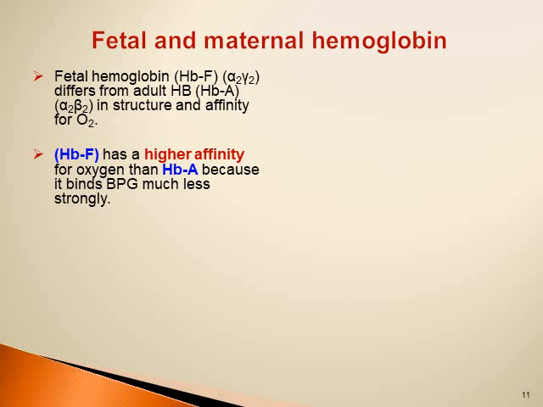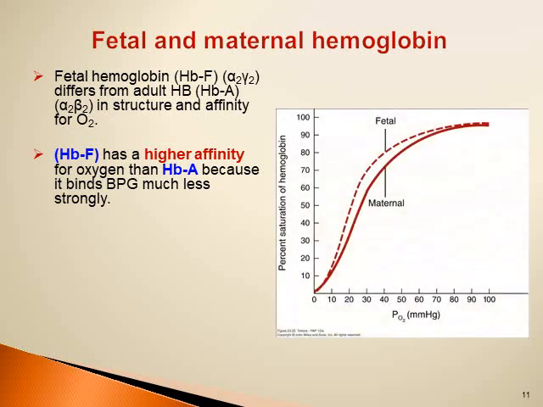So if less bisphosphoglycerate binds to hemoglobin F, it means that hemoglobin F will have higher affinity to oxygen compared to hemoglobin A. This difference in affinity between hemoglobin A in the maternal blood and hemoglobin F in the fetal blood will make the maternal hemoglobin oxygen dissociation curve a bit shifted to the right compared to the fetal hemoglobin.